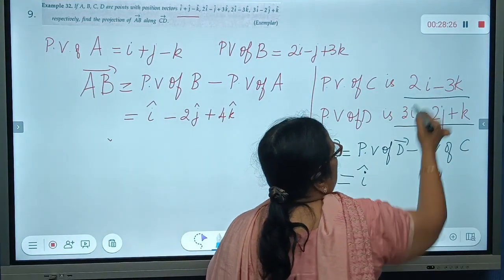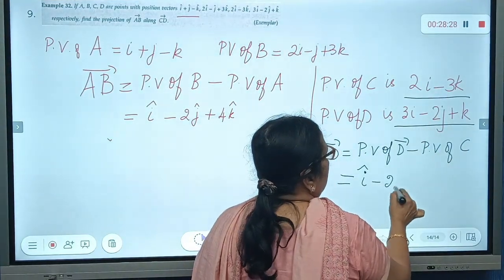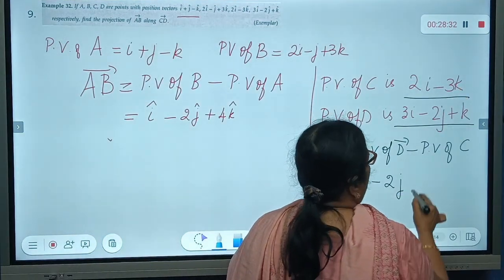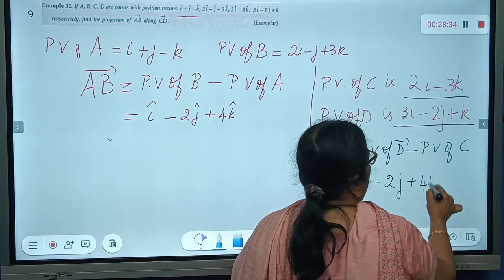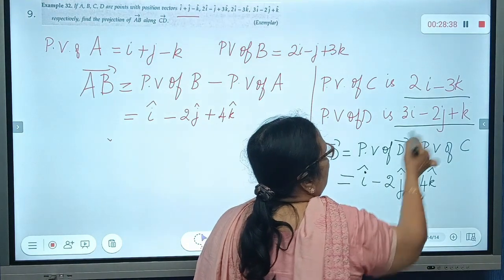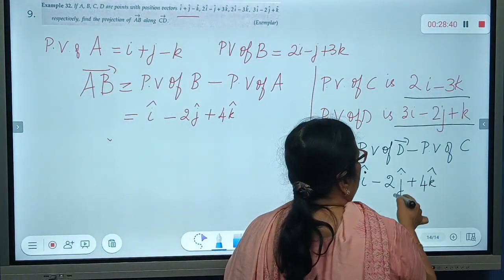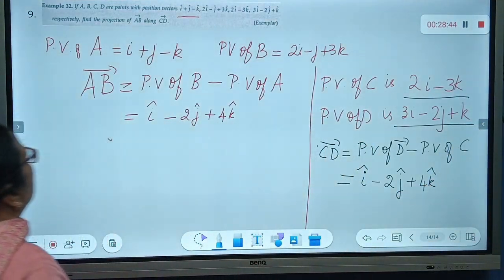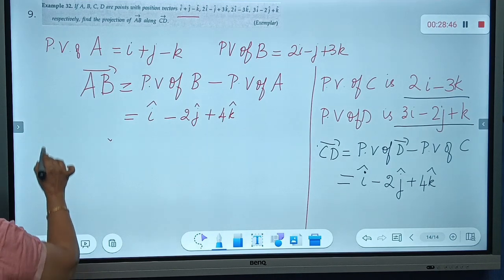Minus 2j, there is no j term here, so minus 2j. Now k minus of minus 3k will give you plus 4k. So 3i minus 2i is i, minus 2j minus 0j is minus 2j, k minus of minus 3k is 4k.